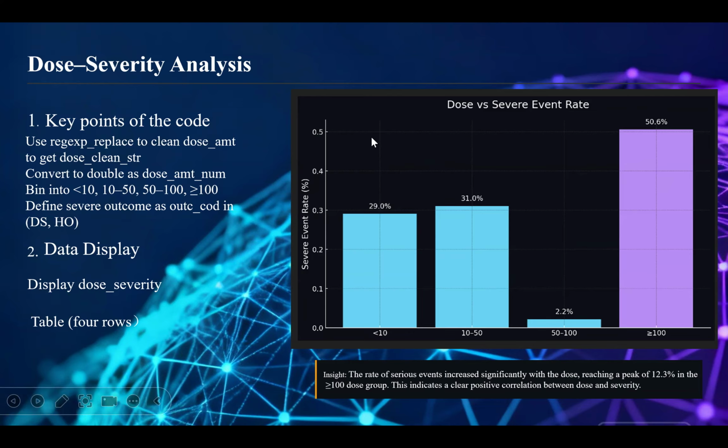The severe outcomes included hospitalization as well as death. Our results show that doses of less than 10 milligrams have approximately 29%, 50 to 100 milligrams approximately 2%, and 100 plus milligrams over 12%, which means that higher doses were associated with significantly higher rates of severe outcomes.